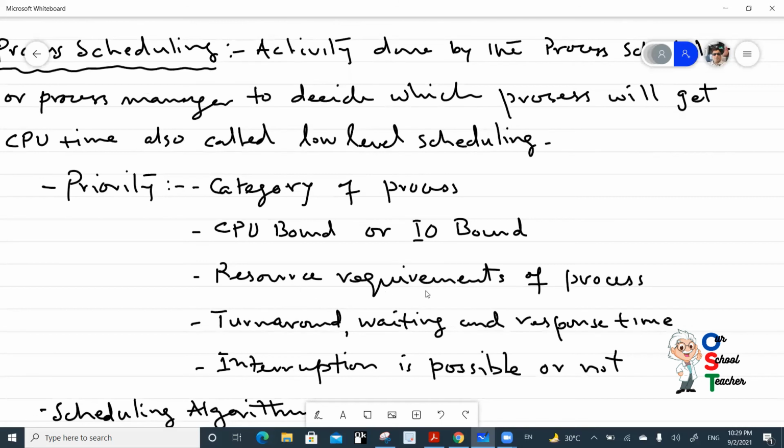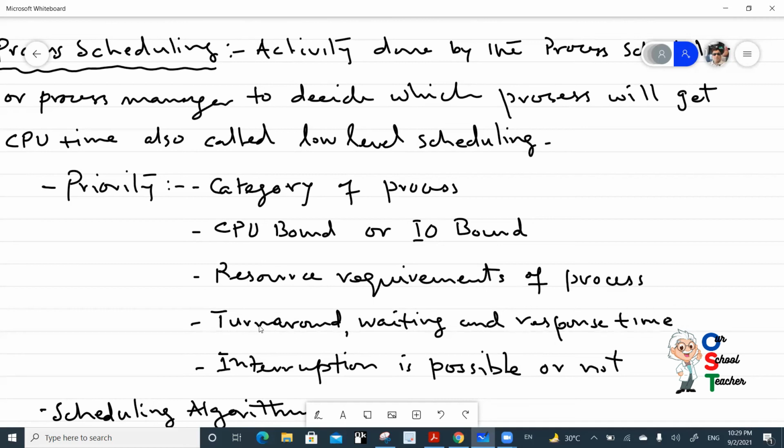Then resource requirement, that is, what kind of resources are required by the process. Then turnaround time, waiting time, and response time: how much time the process has been kept waiting, or the total time including waiting time and burst time required by the process, or the response time when the CPU took charge of the process to execute it.